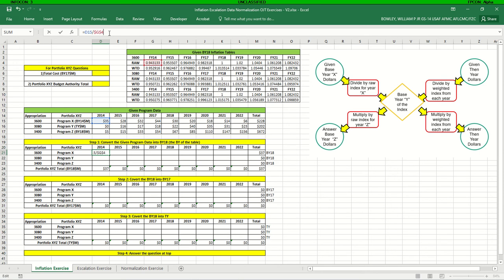It's going to add these dollar signs to your cell reference.